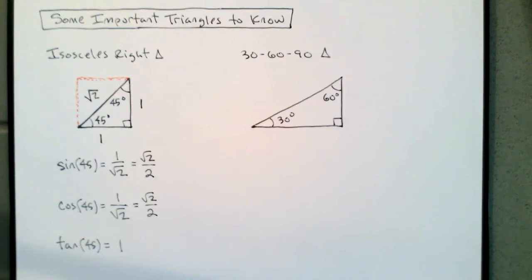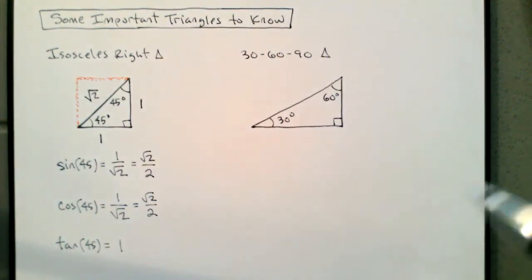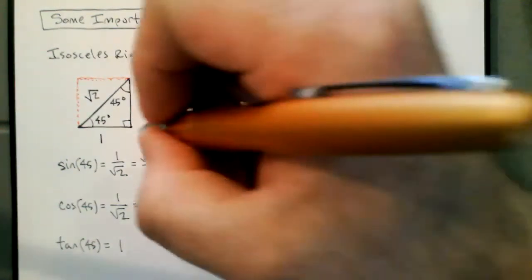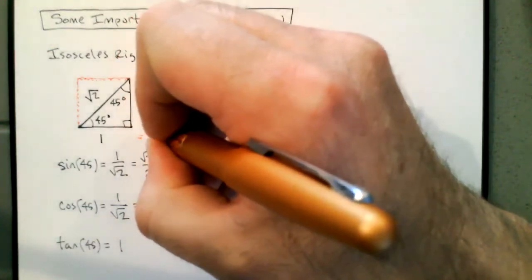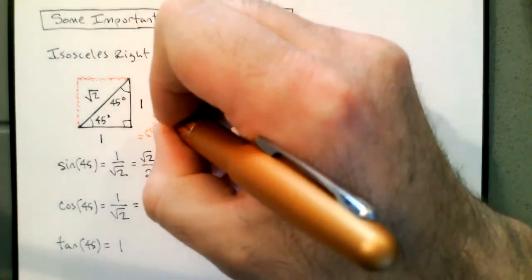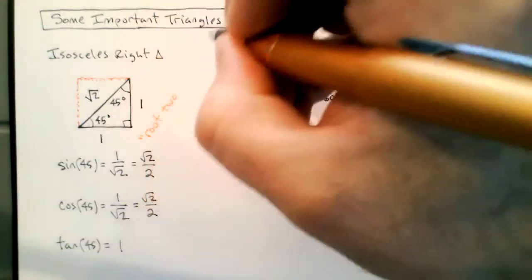The way that we'll pronounce this is to say root 2 over 2. That's how the cool kids say it. Well, that's how most of the mathematicians say it. I don't know if the mathematicians are the cool kids. They are in my book. So we would pronounce this root 2 over 2.